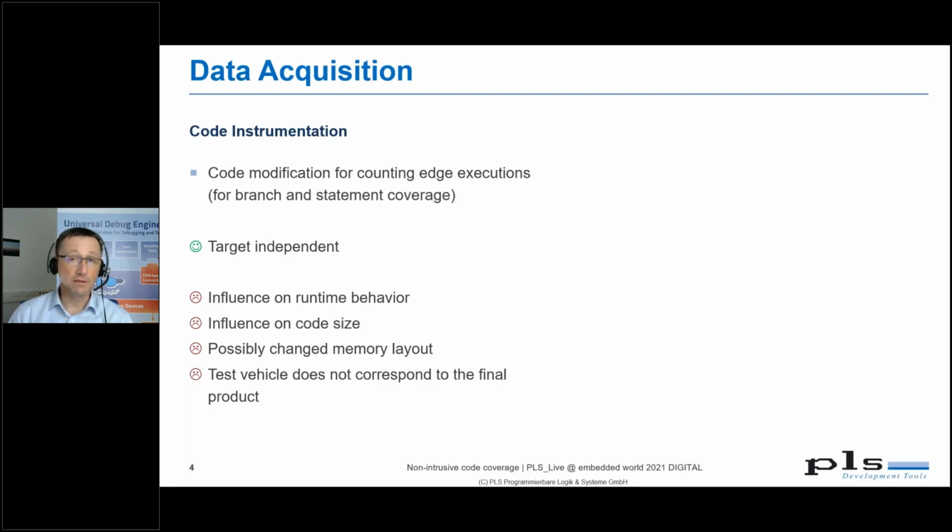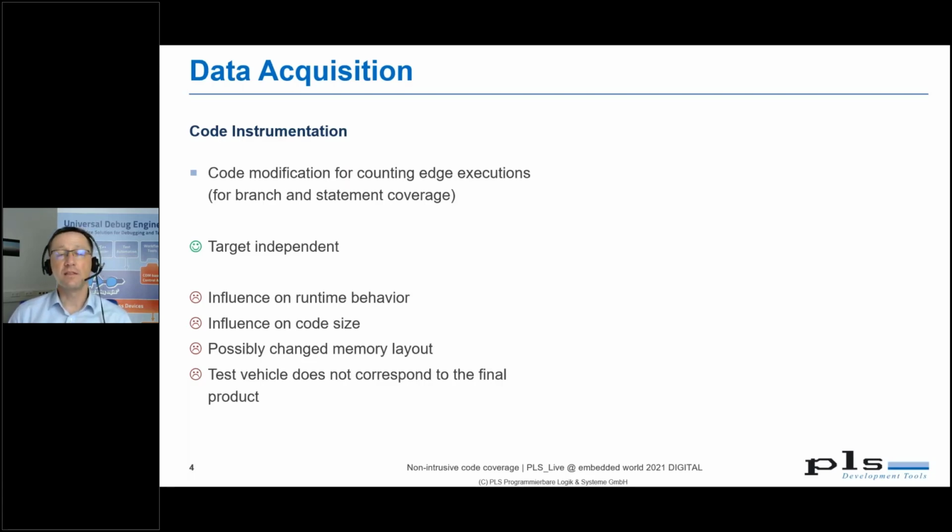It changes the runtime behavior at first due to the additional code that you get with the instrumentation. It's obvious that you change the runtime behavior. And you also have a changed code size by the additional code for the code coverage. And possibly you need to save the coverage results on your target.